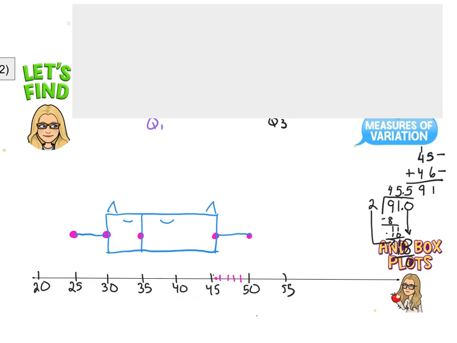You can do that math out and get it. I could give you quartile 3. That's 45.5. I could tell you quartile 1 is 30. So these are the things you want to be able to identify on MCAS based upon looking at a box and whisker plot.